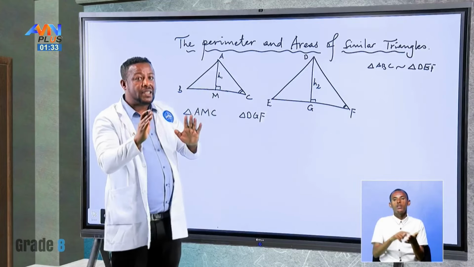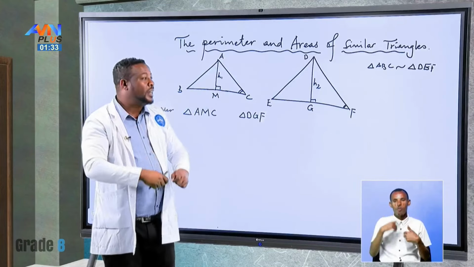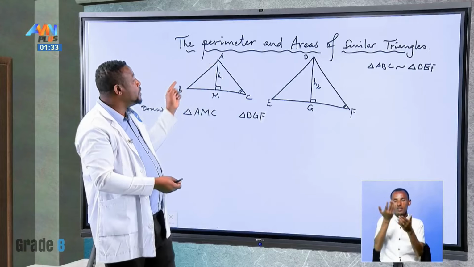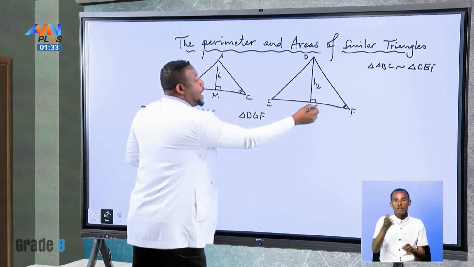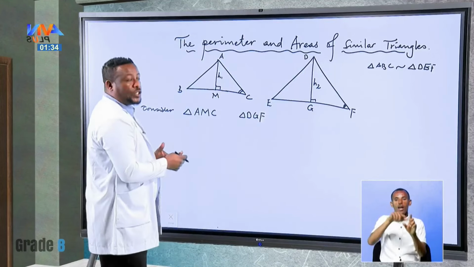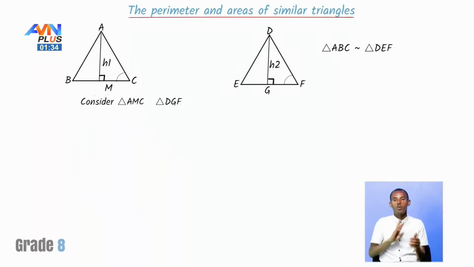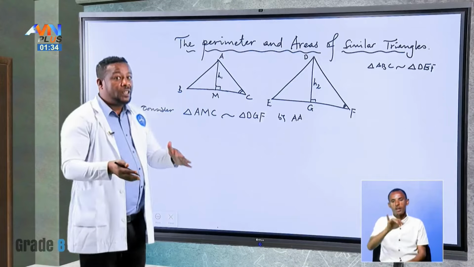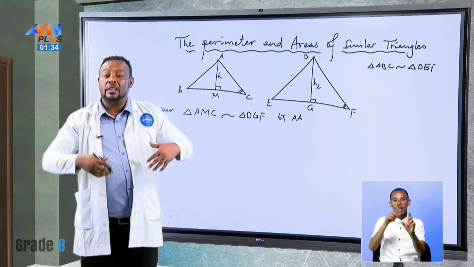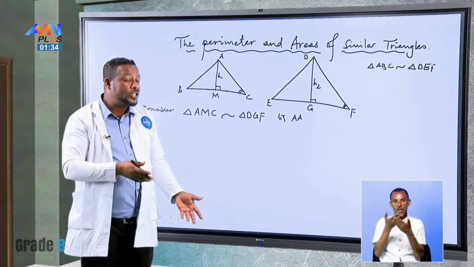The two triangles have one congruent angle. The other thing, by similarity of triangle ABC and DEF, angle C and angle F are congruent. So we can say that AMC and DGF are similar by angle similarity. We have seen what angle similarity looks like in our previous class discussion.